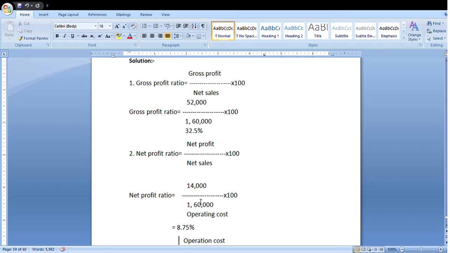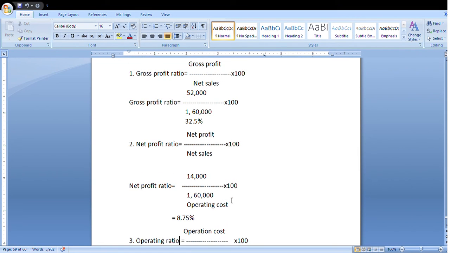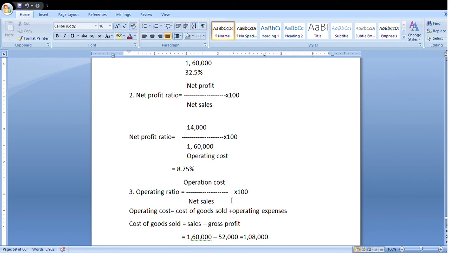Net profit 14,000 by net sales 1,60,000 into 100 is equal to 8.75%. This second point is over.